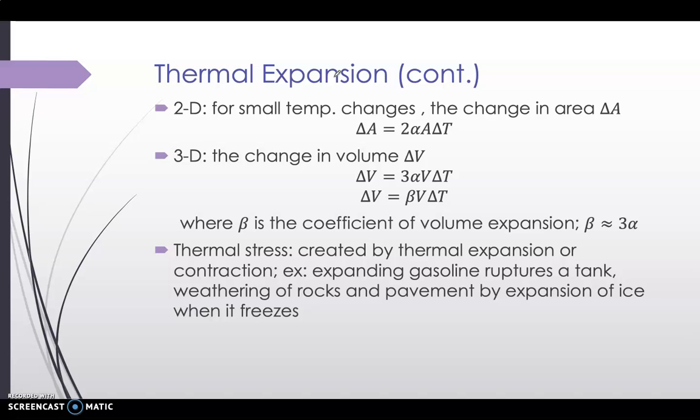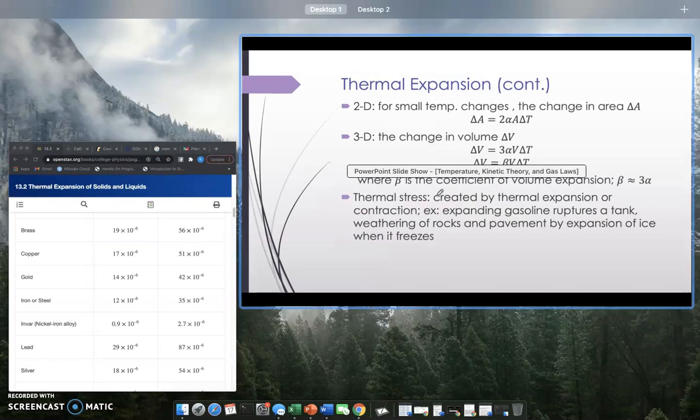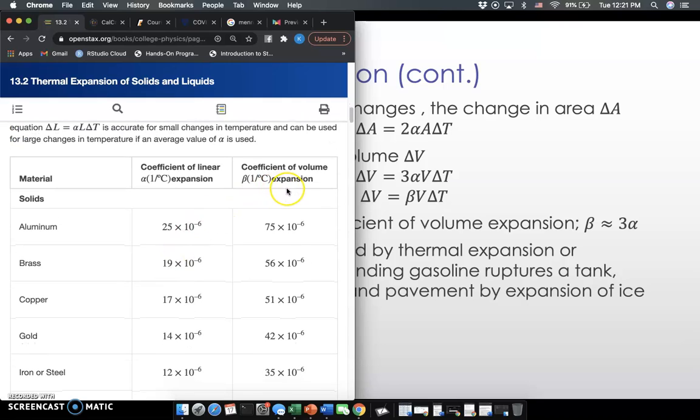Okay, and that will equal 2 times your coefficient of expansion times A, the area, times delta T. Or in 3D, we would look at the change in volume as being beta V delta T, or this coefficient of volume expansion, which is approximately 3 alpha, times your volume times delta T. So in our table here, this last column is the coefficient of volume expansion. And again, it is represented by a beta.